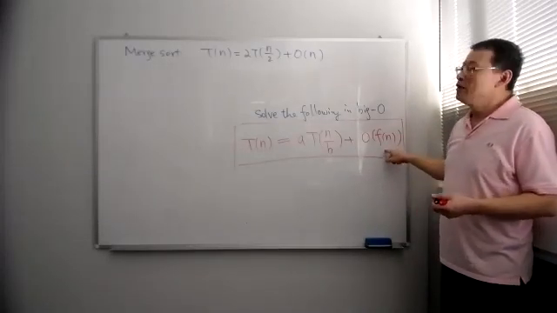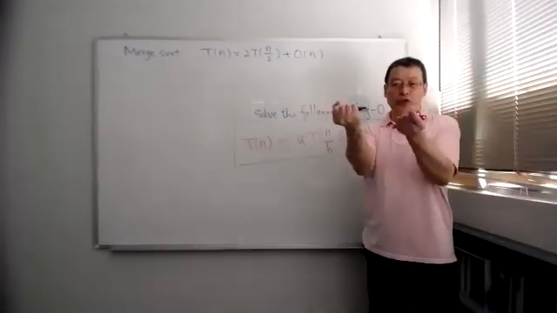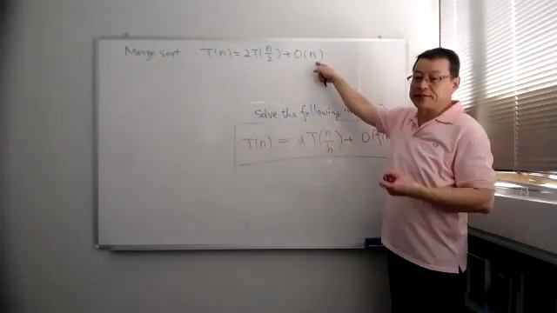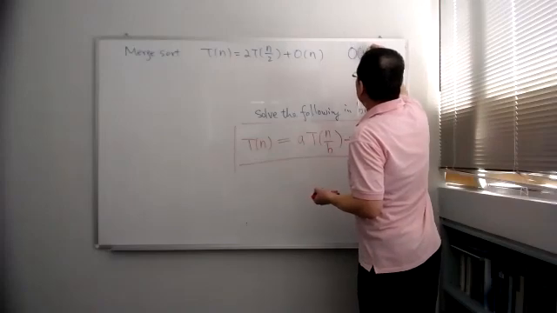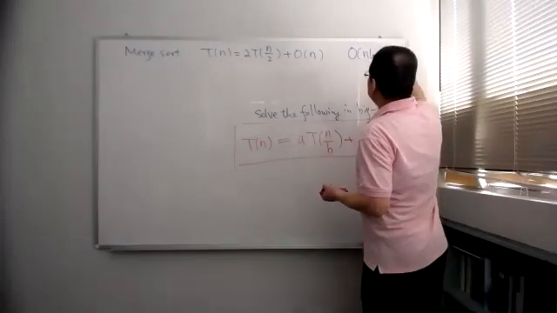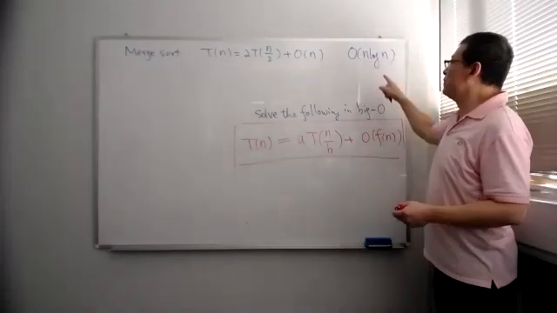That's the cost when we merge to sort the list into one. So for this recurrence, we have T(n) equal to n log n. That's the time for merge sort.